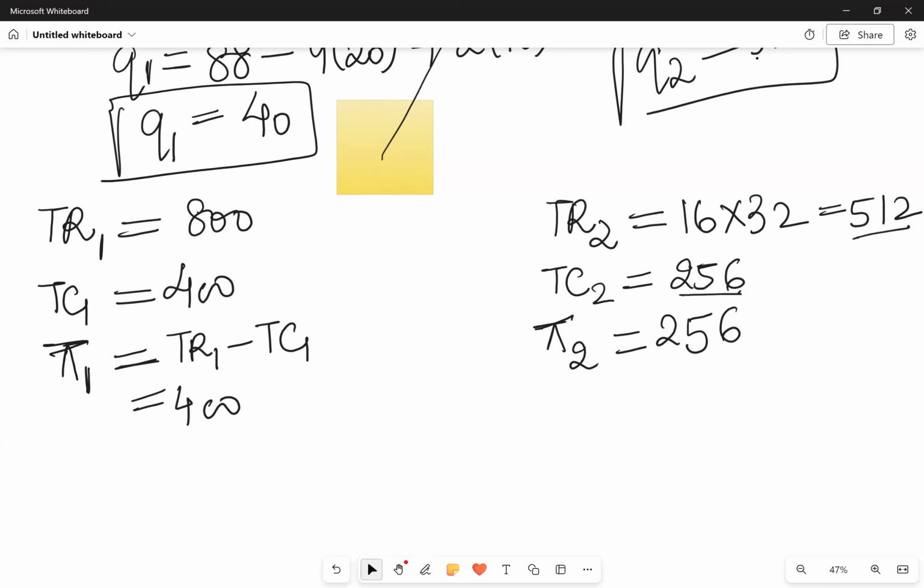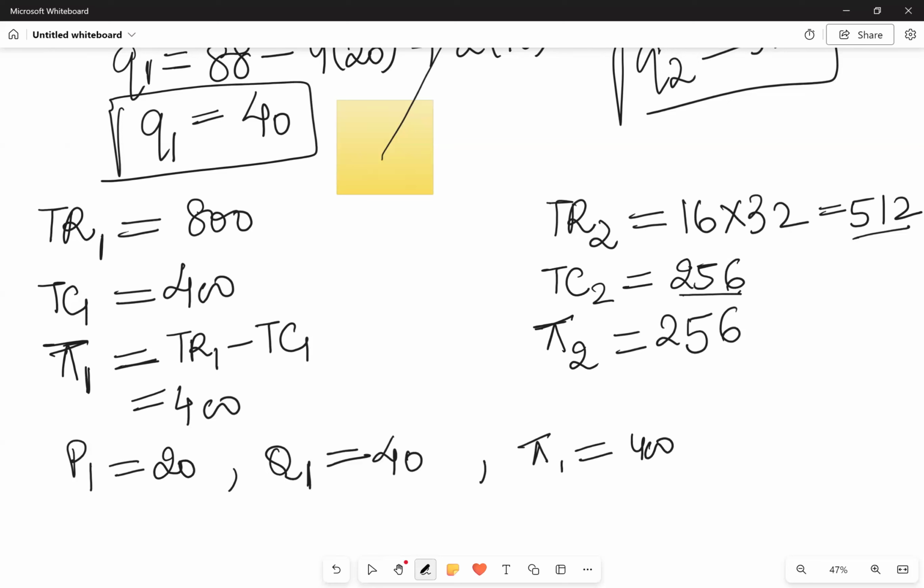So the equilibrium price for firm 1 is 20, the equilibrium quantity for firm 1 is equal to 40, and the profit for firm 1 is equal to 400.